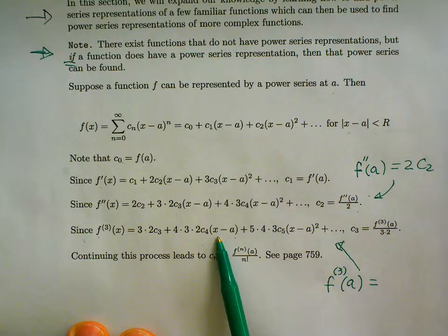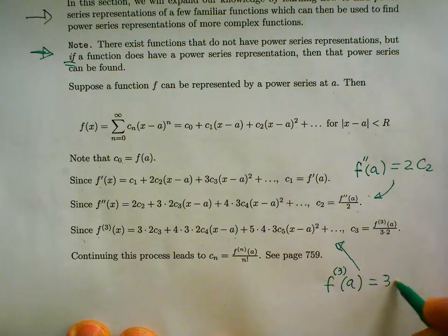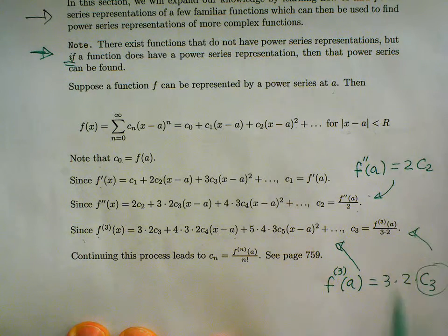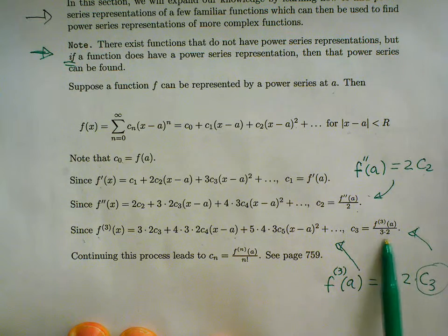And so the third derivative of f at a is equal to 3 times 2 times c sub 3. So when we solve for the coefficient c sub 3, we just get the third derivative of f evaluated at a divided by 3 times 2.